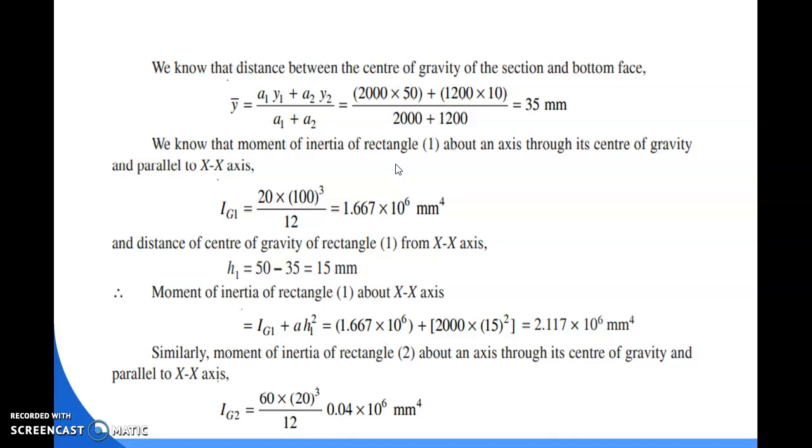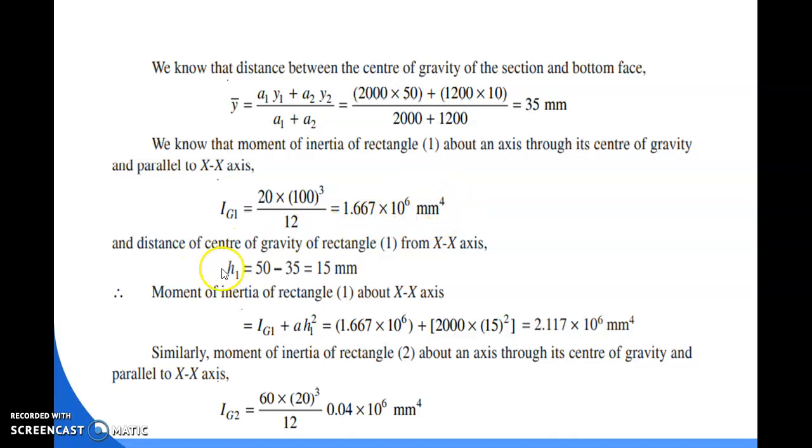Here for section 1 the value of b is 20 and the value of d is 100. So the moment of inertia for section 1 is equal to 20 into 100 to the power 3 divided by 12, which is 1.667 into 10 to the power 6 mm to the power 4.